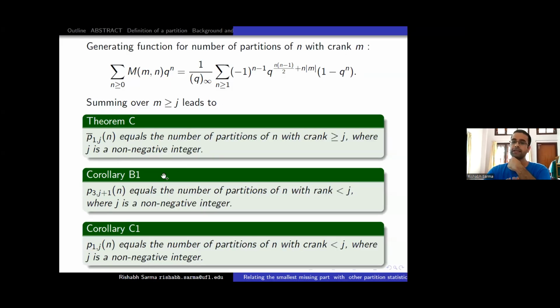Also, the overline max and the non-overline max, when added, add up to the total number of partitions of n, and they are disjoint sets, which is why these corollaries B1 and C1 also follow obviously from theorems B and C.